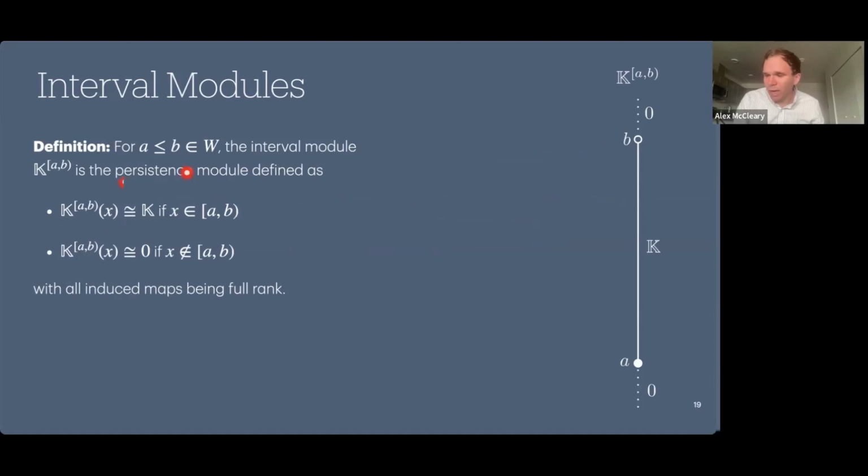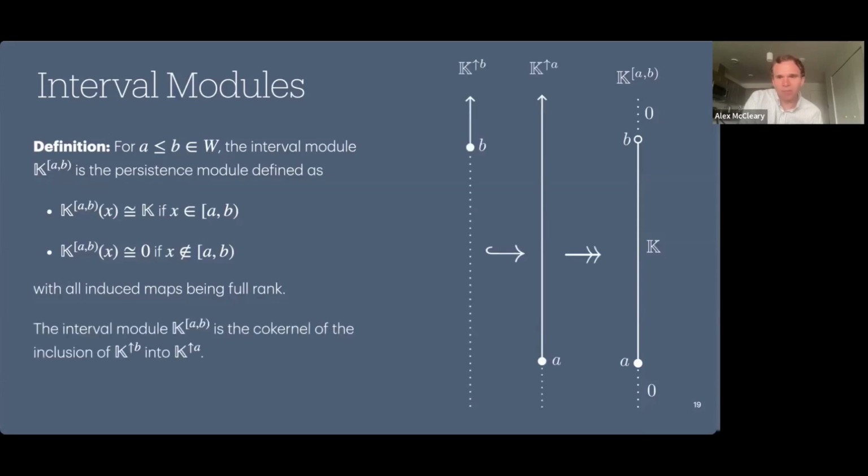If we have a pair of points A less than or equal to B in our well-ordered set W, the interval module K_[A,B) is the persistence module defined as one-dimensional if we're greater than or equal to A and less than B, and zero-dimensional if we're outside of this interval. And all the maps are full rank.